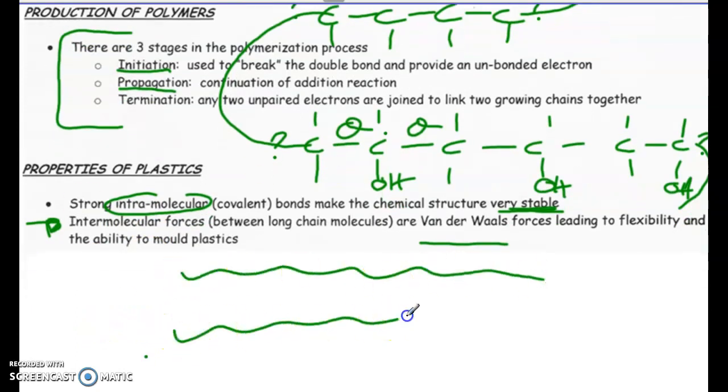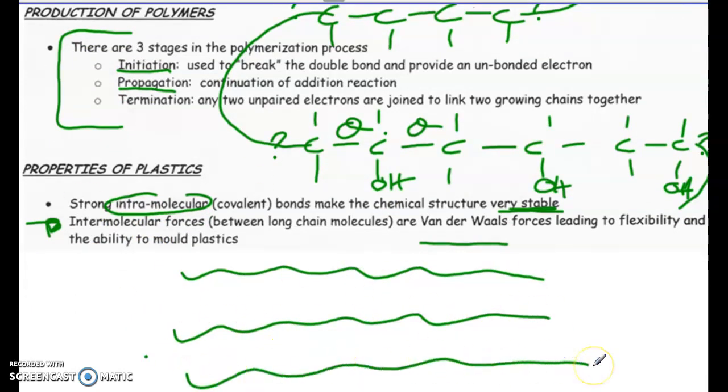Let's say this is a polymer chain, another polymer chain, another polymer chain. The bonds between atoms are pretty stable and strong, right? So they're covalent bonds.